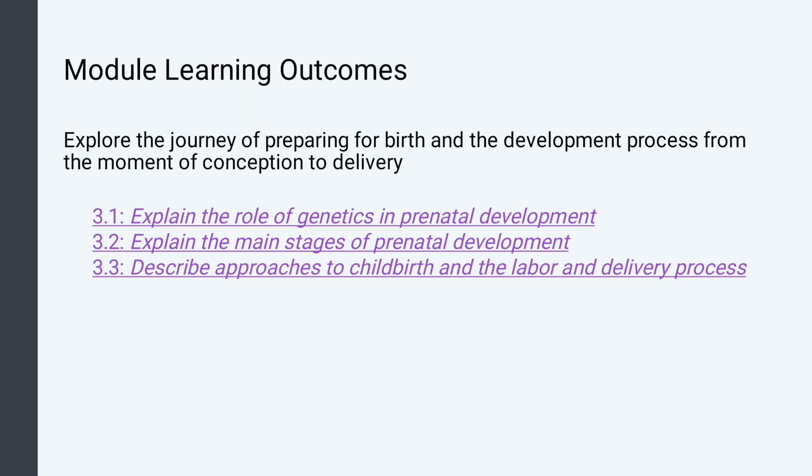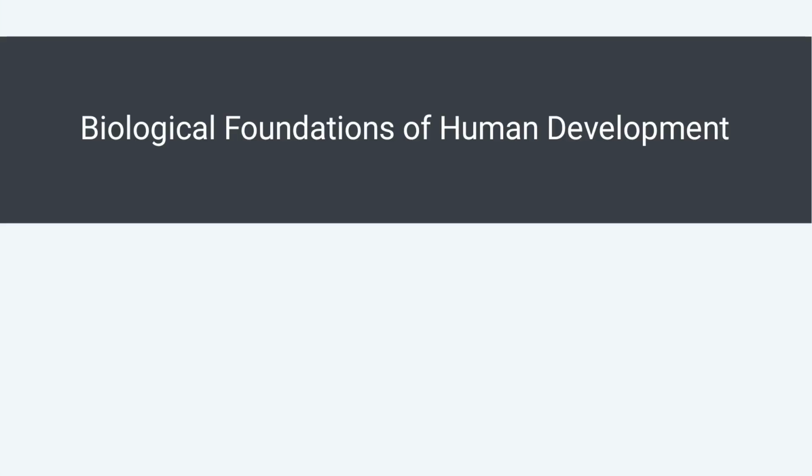Our outcomes are to explain the role of genetics in prenatal development, explain the main stages of prenatal development, and describe the approaches to childbirth and the labor and delivery process. So these are our learning outcomes.